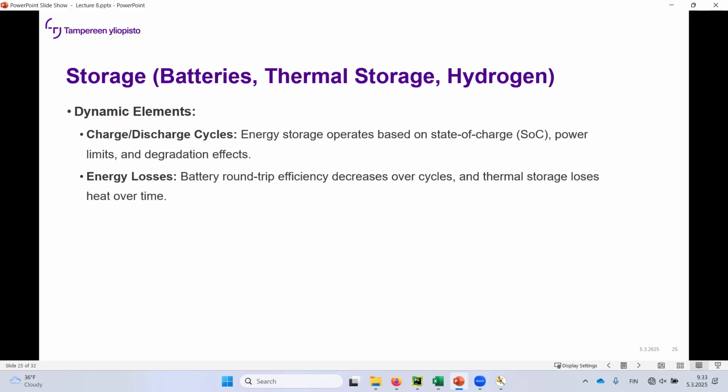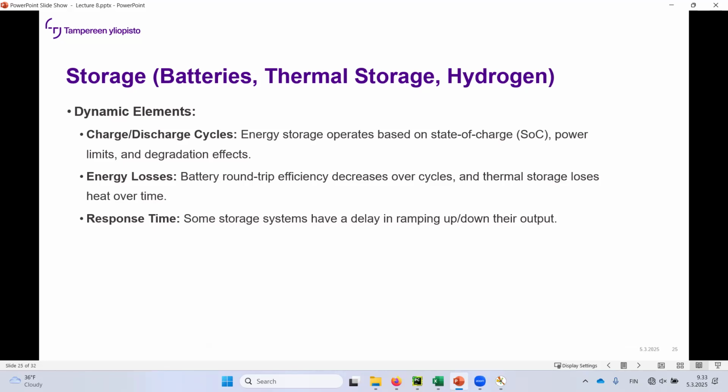But round trip efficiency decreases, and with self-discharge, thermal storage loses heat over time, and also electrical storage. For example, in pumped hydro storages, you have losses due to solar radiation, so it's evaporating the water from the basins.